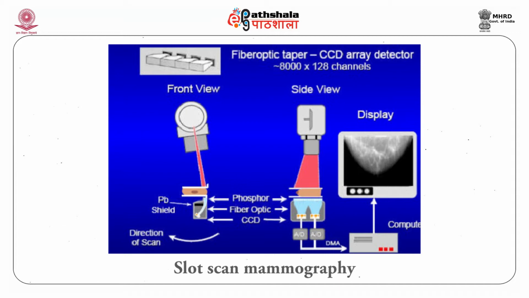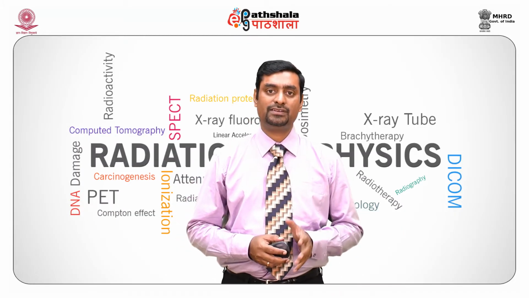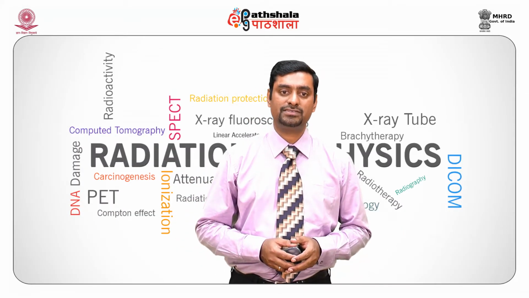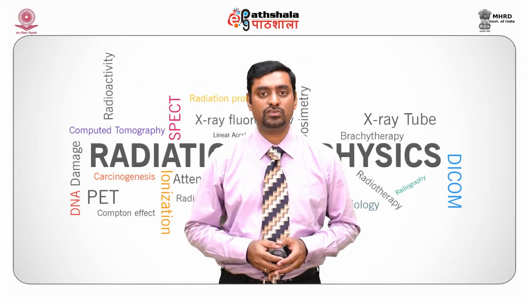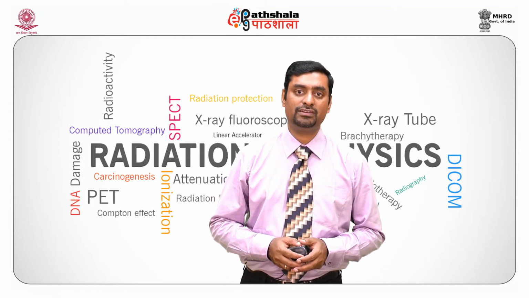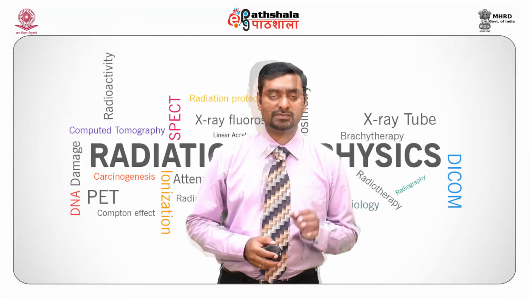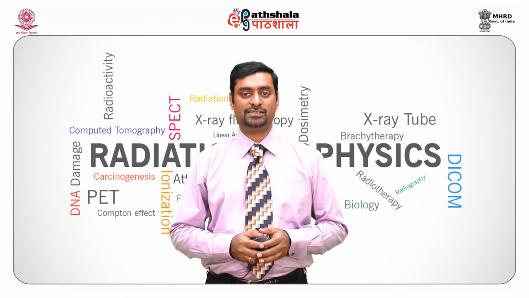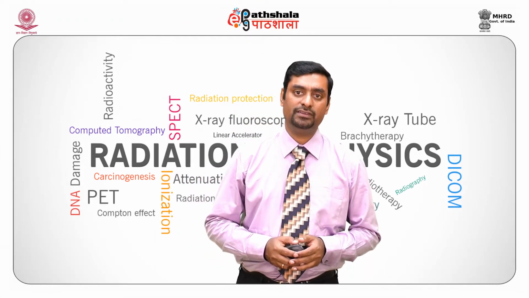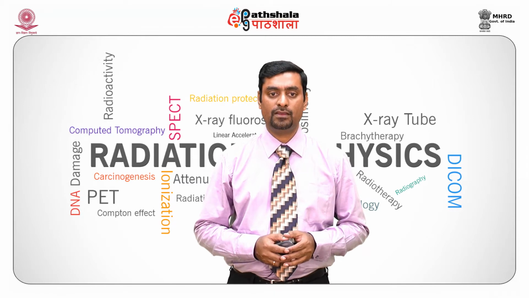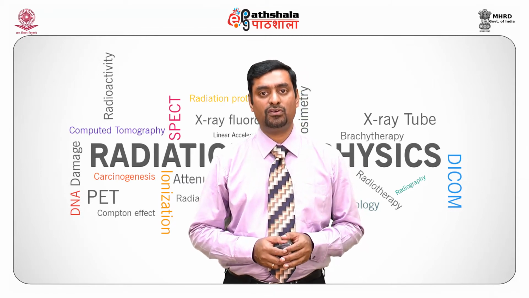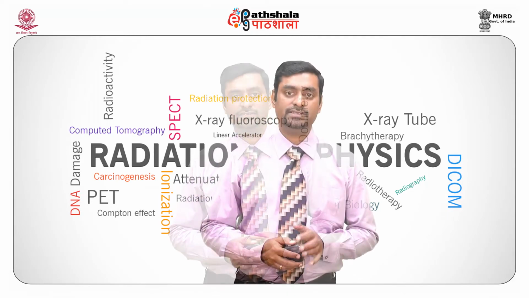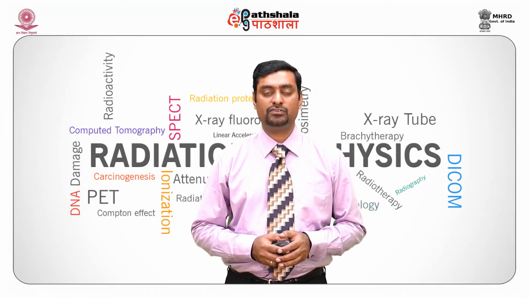How does it work? A collimated narrow fan beam of X-rays scans synchronously across a full field of view covering the entire breast tissue. This is just a small slit which is present in the mammography system. The transmitted X-rays fall onto a thallium activated cesium iodide scintillation material to produce light.